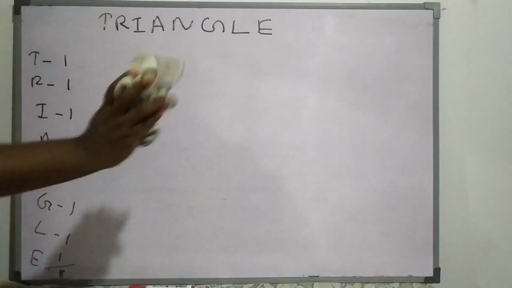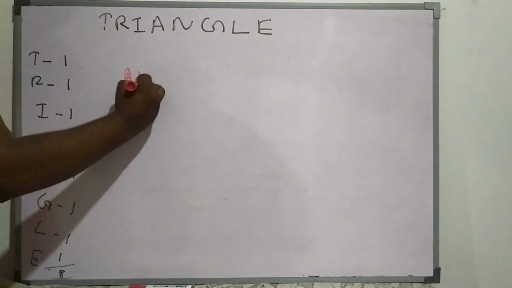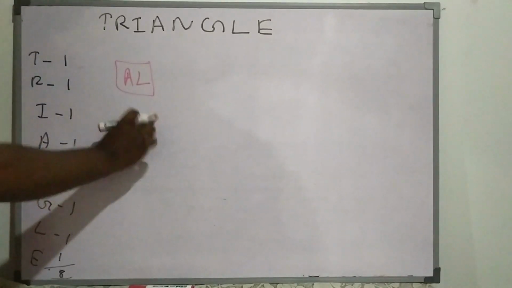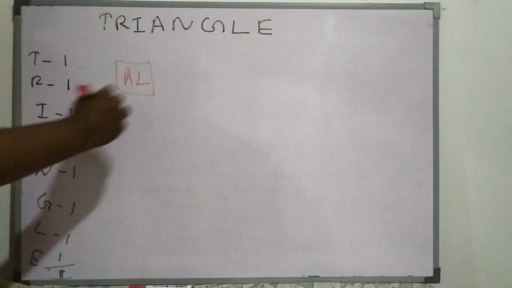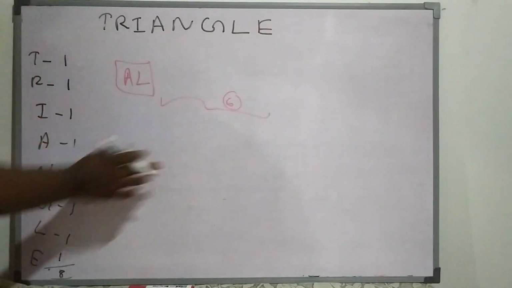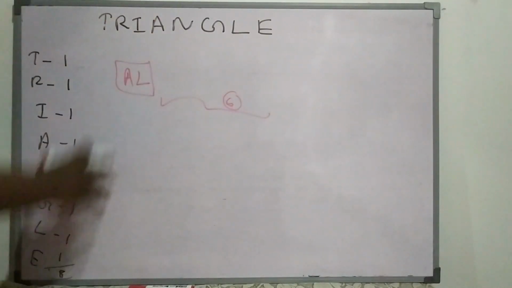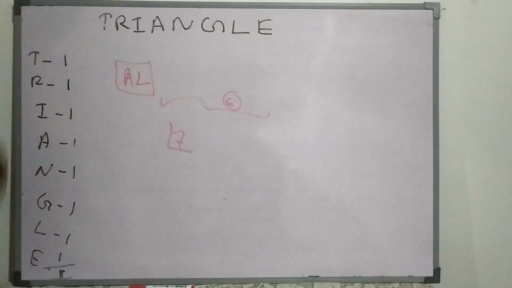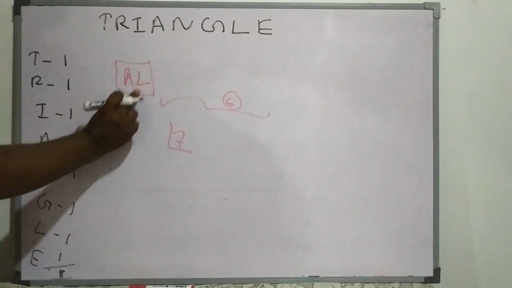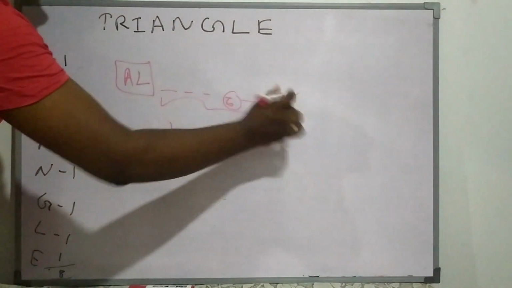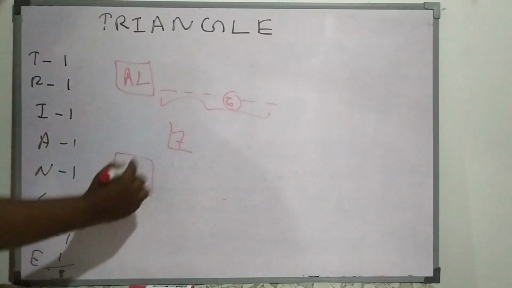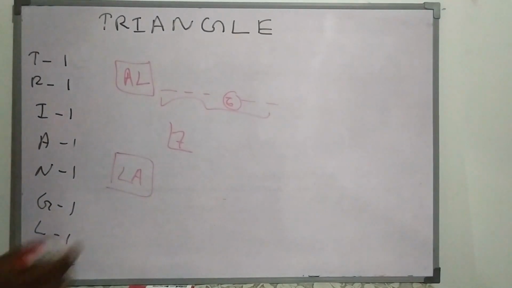The next one is AL together. AL together means I bundle AL and take it as 1 letter. AL is 1 letter, and we have 6 remaining letters, so all together it's 7. All 7 can be interchanged, so it's factorial 7.